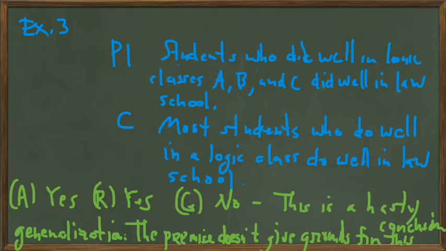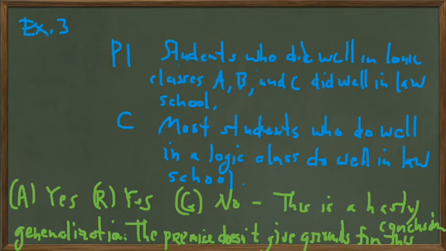Now, if we knew that in 85% of the logic classes around the country, students who did well in logic did well in law school, then we could say most students who do well in a logic class do well in law school, or there's an 85% likelihood or something like that.